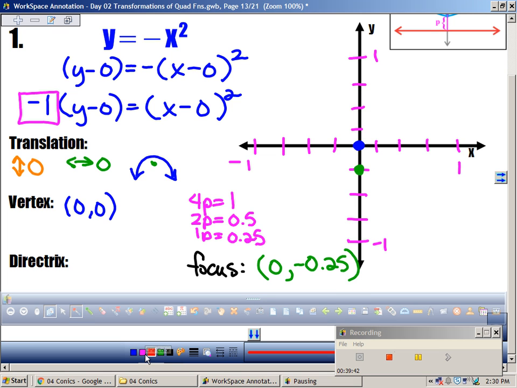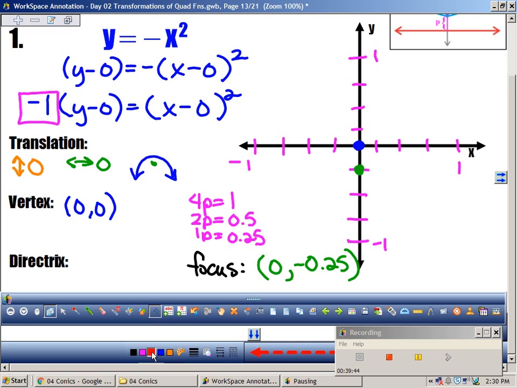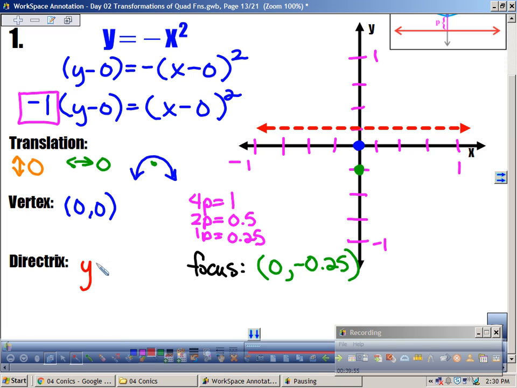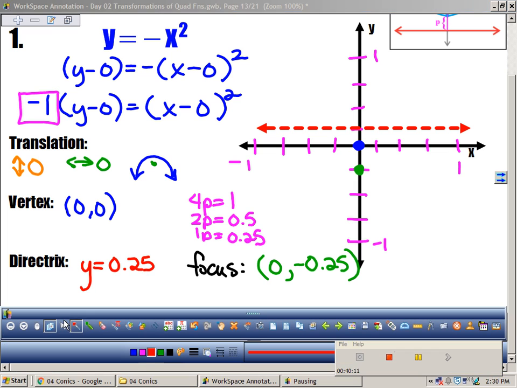Then for my directrix, I'm going up a quarter. So if I'm going up a quarter, what's my y going to be? y equals 0.25. So all we need, oh, we already had our equation. I'm thinking of yesterday. So I've got everything I need. Oh, I'm not done. What am I missing, Parsa?